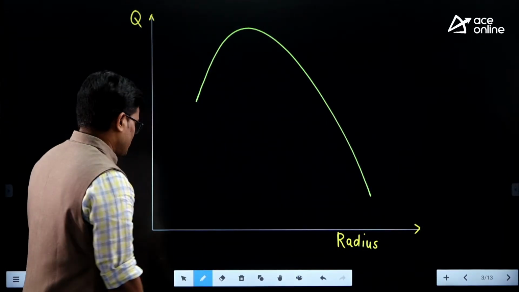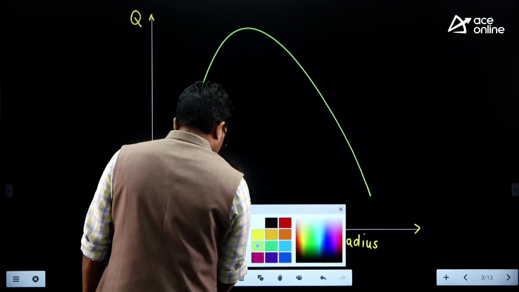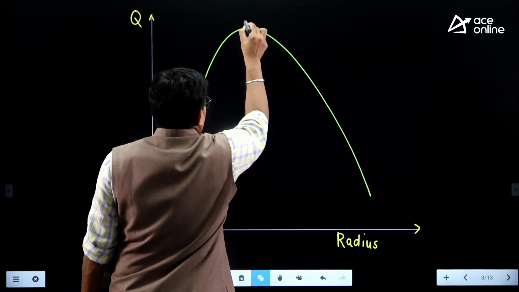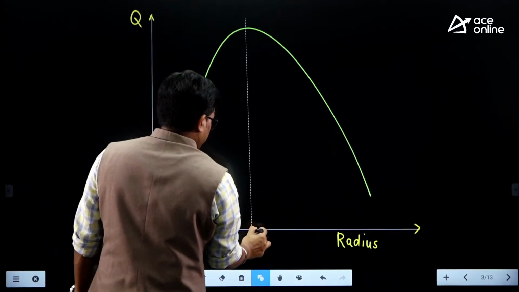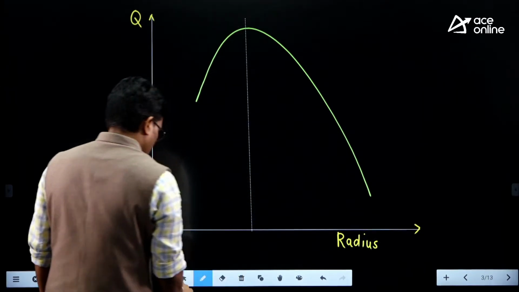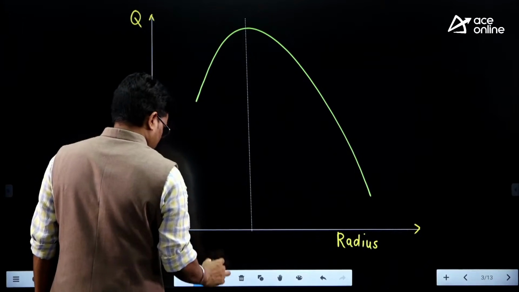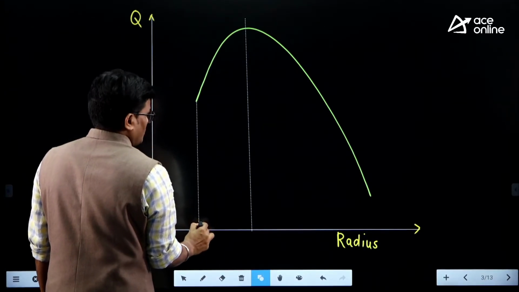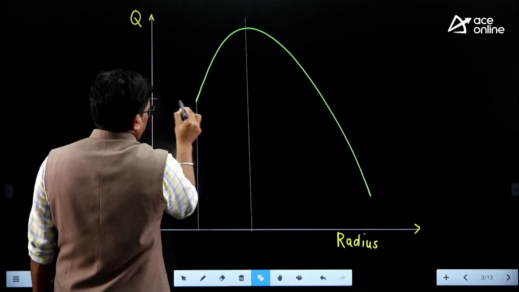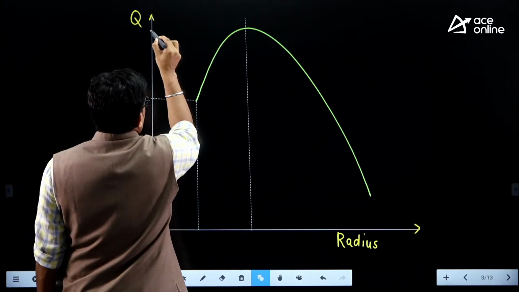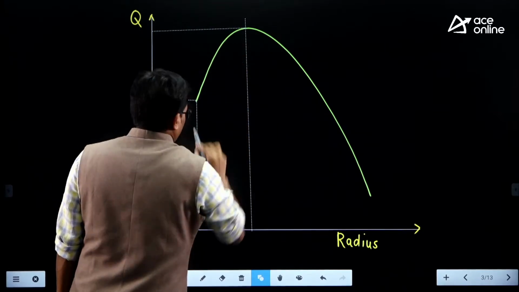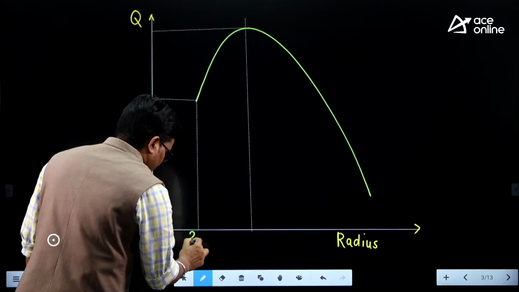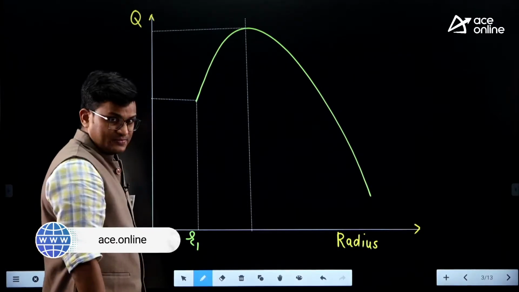Now, this is the original radius of that pipe or sphere.